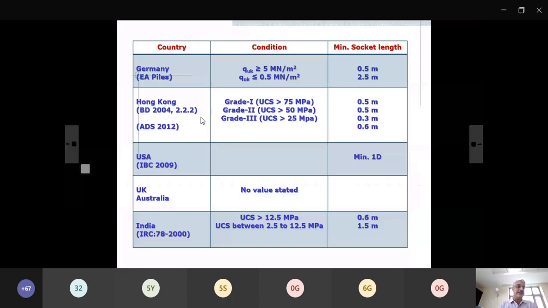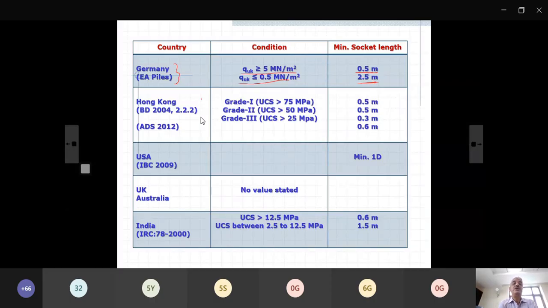And internationally, if you try to see what is the practice, in Germany, for end anchored piles, they call it end bearing or end anchored piles. If your ultimate strength is more than 5 megapascal, then 0.5 meter socketing, and if it is less than 0.5 megapascal, then 2.5 meter.